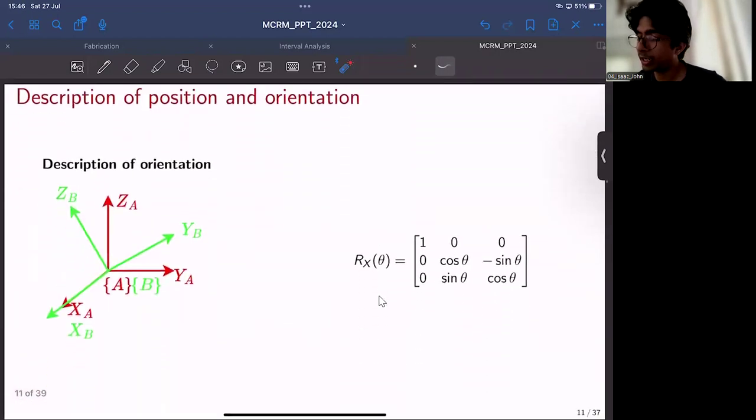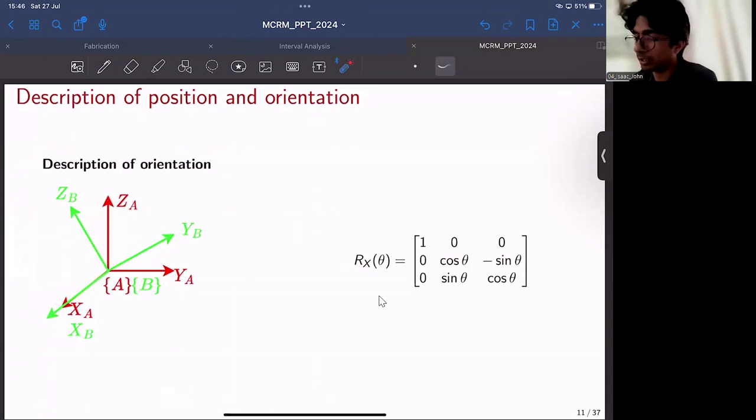But when we are comparing two frames, for example, consider two frames which are originally coincident, and the second frame B is actually at an angle or is rotated compared with frame A. So how would you describe the relative orientation of frame B with respect to frame A?